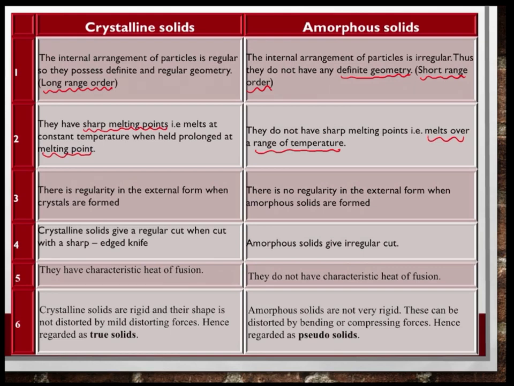Correct? I suppose you get this point. Then crystalline solids, there is regularity in external form when crystals are formed. What is the meaning of this? कि जब एक crystalline solid बनता है तो आपको एक smooth surface मिलेगा, something like this. जैसे एक cube होता है ना, a smooth surface, and you can feel that by pulling one of the particles of NaCl.